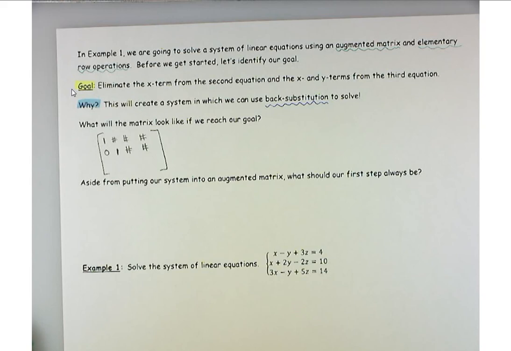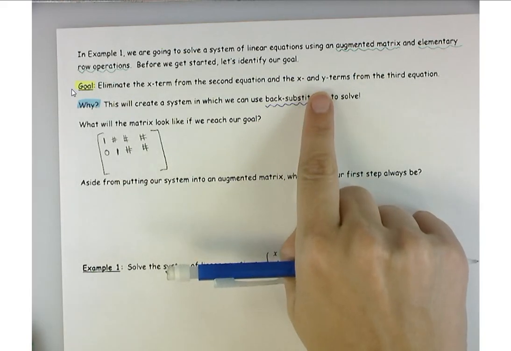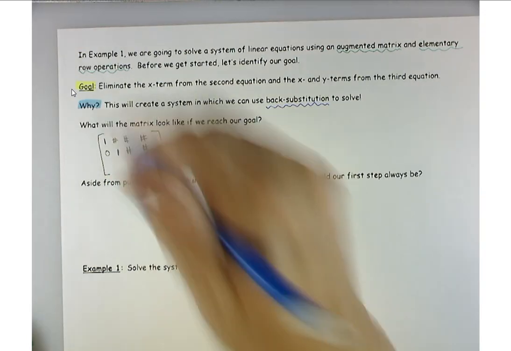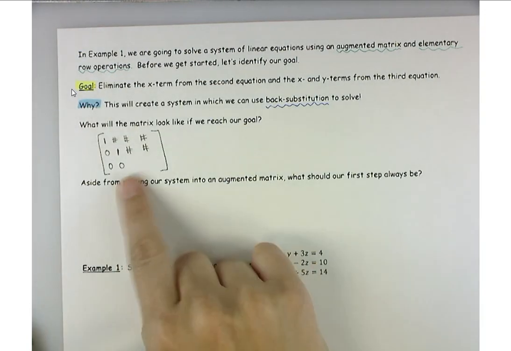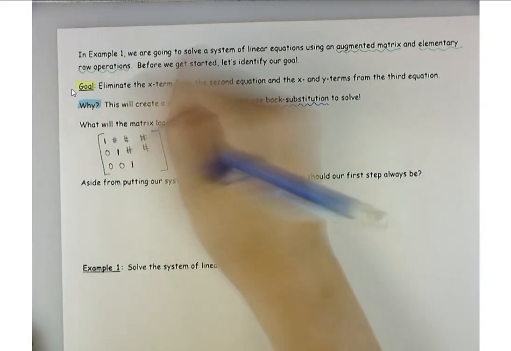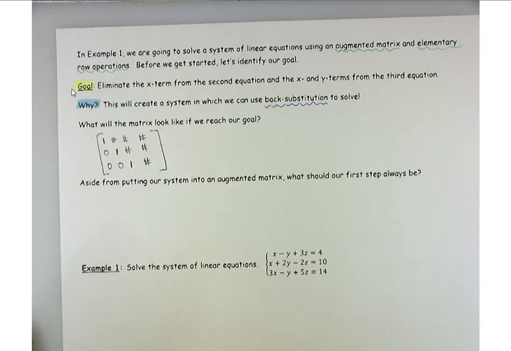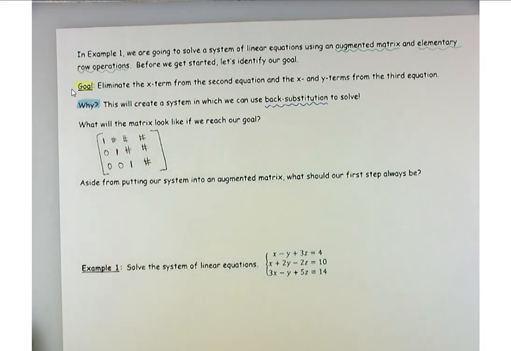Okay, now in the third row, we want to get rid of the x and the y terms. So in for x, I'm going to have a 0, but I'm also going to have a 0 in for y. That means I want to just have 1z, and that would be equal to a number. Okay, and this is a number symbol, not hashtag.